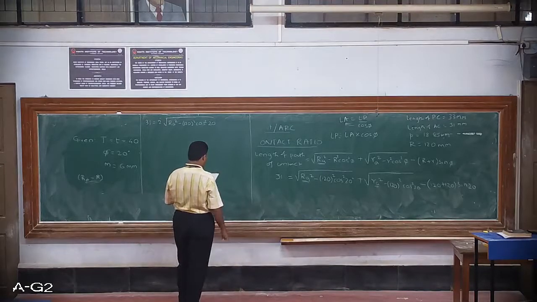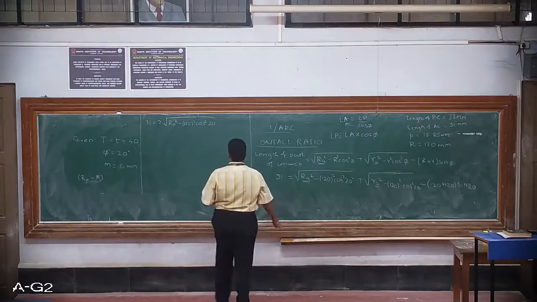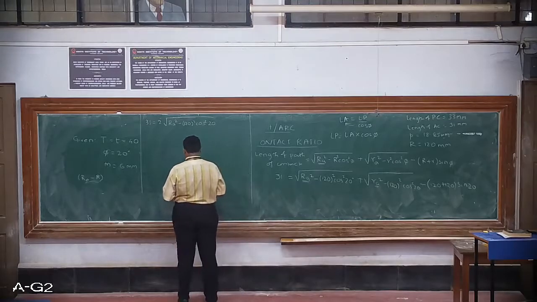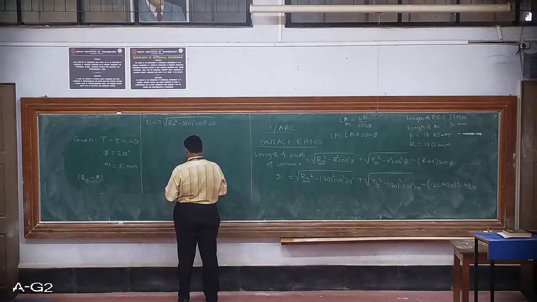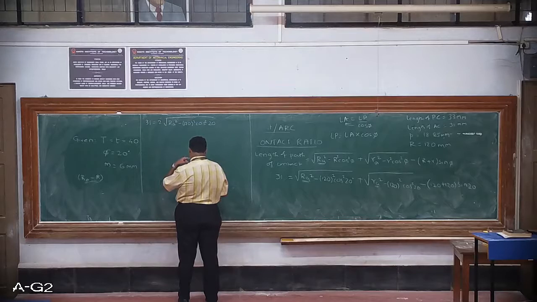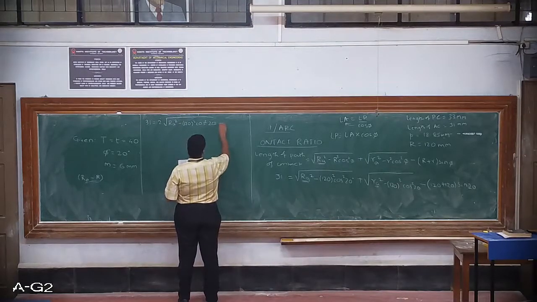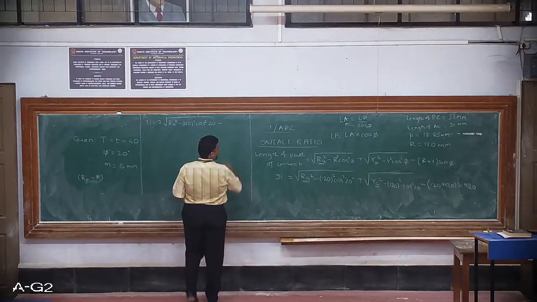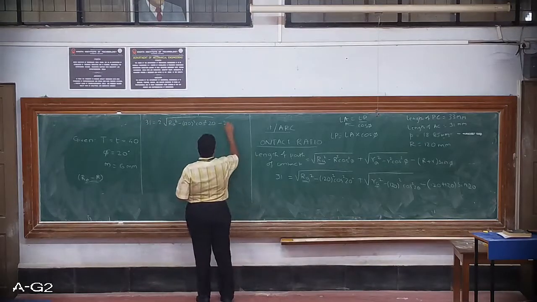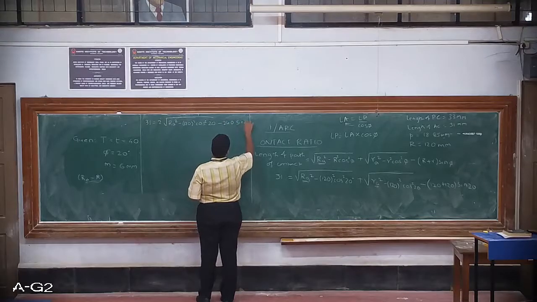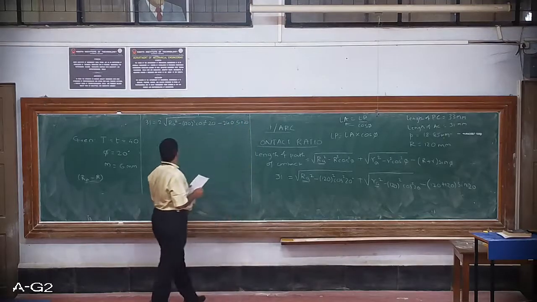Here I can write this minus 120 plus 120 is 240 sine 20. Is that clear?